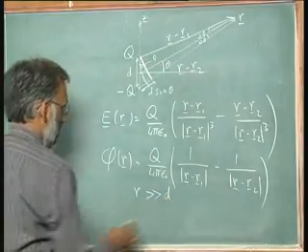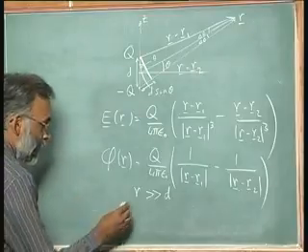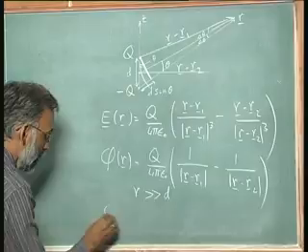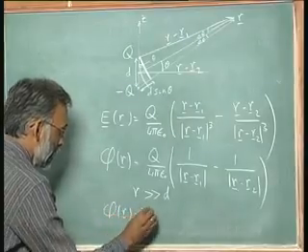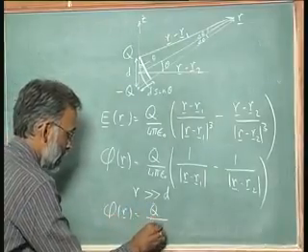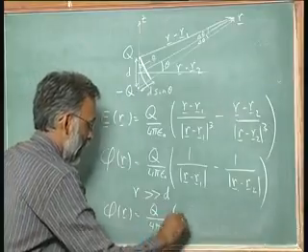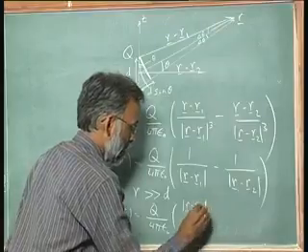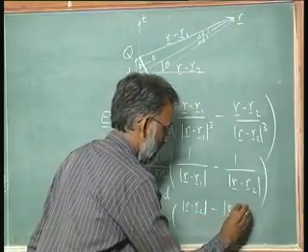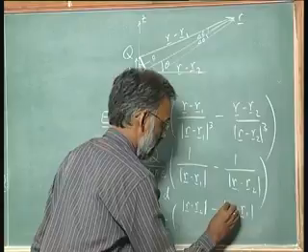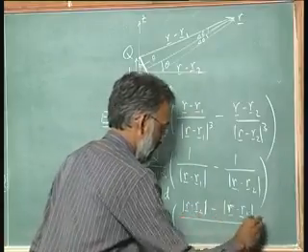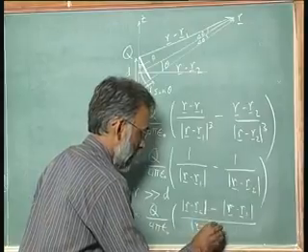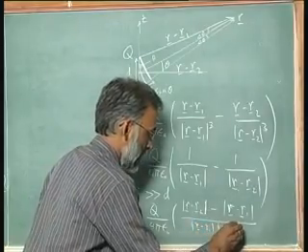So, now let us see if we can work out what phi should be. I am going to take common denominator. So, phi of r equals q over 4 pi epsilon naught times mod r minus r2 minus mod r minus r1, divided by the product of the two, r minus r1, r minus r2.